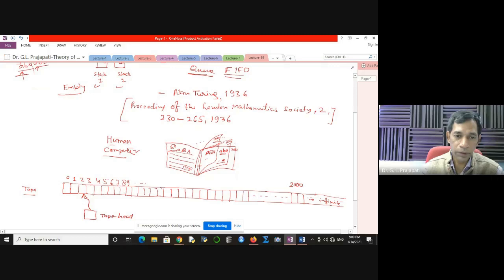What you need to do is scan the squares one by one, by moving the tape head one square at a time to the right. Then you can find the pattern stored at square number 2000.